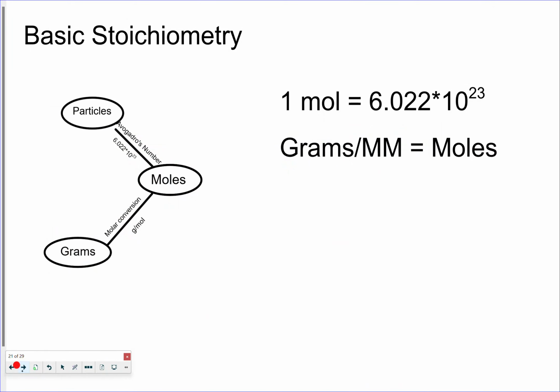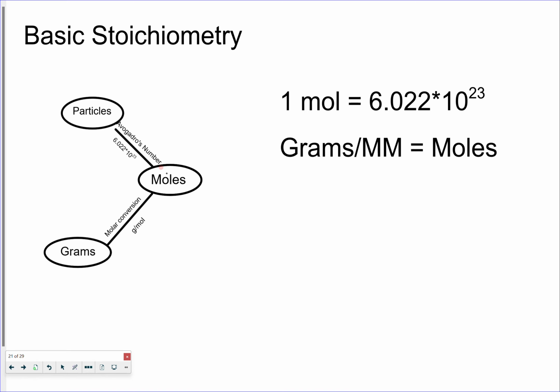So, basic stoichiometry. This allows us to go between different units of the amount of a substance. Later it will help us in chemical reactions, but right now we're using it to go between particles, such as atoms, molecules, or formula units, and moles, and grams. In order to get from moles to particles, we use Avogadro's number, which is 6.022 times 10 to the 23rd.